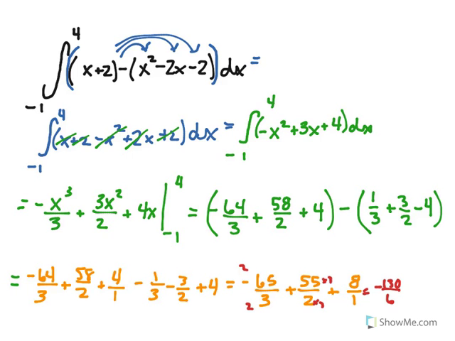And we've got 55 times 3, which is 165, plus 165 over 6, plus, multiply both these by 6, 48 over 6. Which gives us a final answer of 83 over 6.